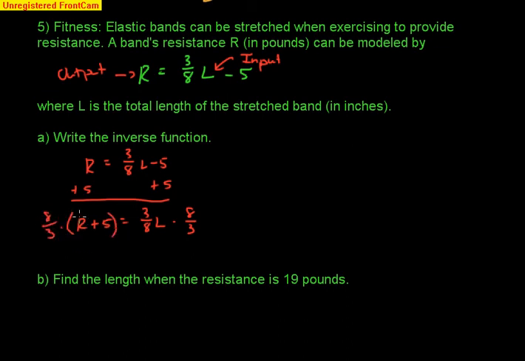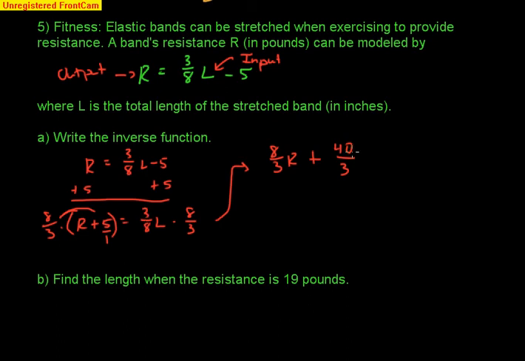And over here, R plus 5 goes in a parenthesis. So we're going to distribute the 8/3, and we'll get 8/3 R plus, and now this 5, put it over a 1 and multiply straight across. 5 times 8 is 40. 3 times 1 is 3.